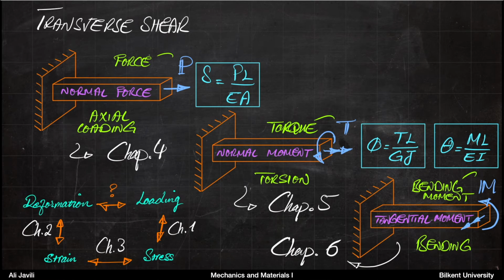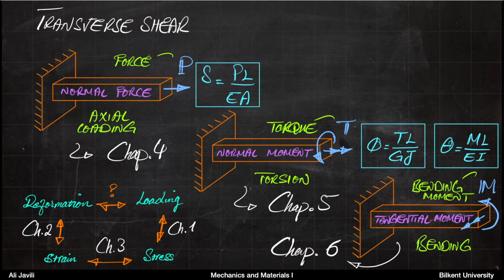Then in chapter 6, we talked about bending. For a bending problem, similar to torsion, you apply a moment, but different from torsion, you apply a tangential moment.